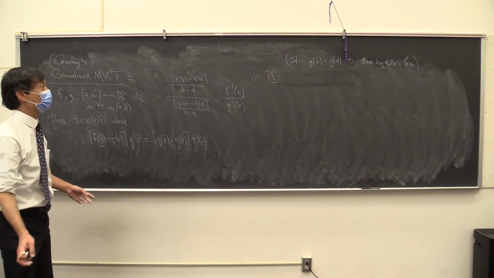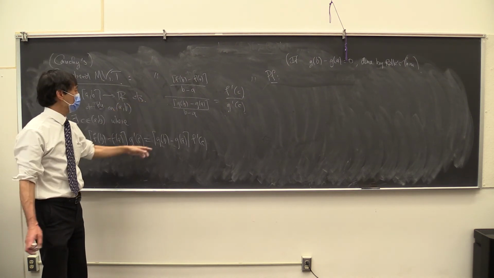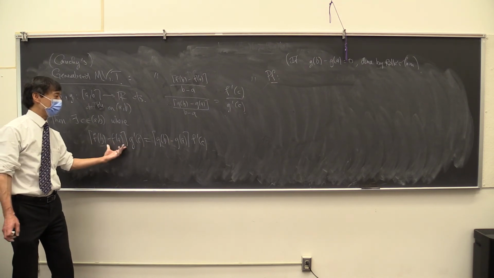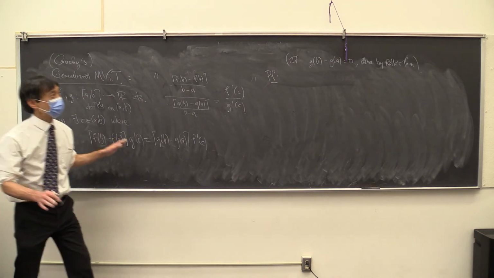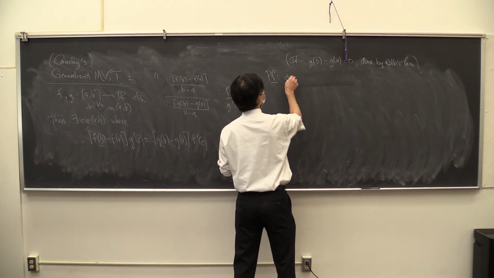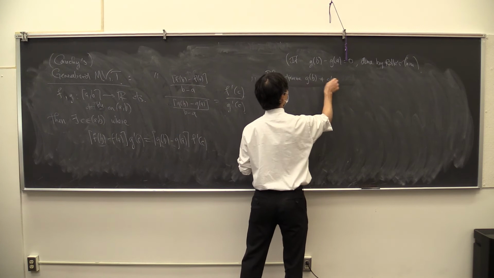Okay, right, because if g of b minus g of a equals 0, you know there's some point where g prime is 0. Right? And so you get, at that point, 0 equals 0, and you'd be done. Okay, so we don't have to worry about that. So we assume g of b is not equal to g of a.